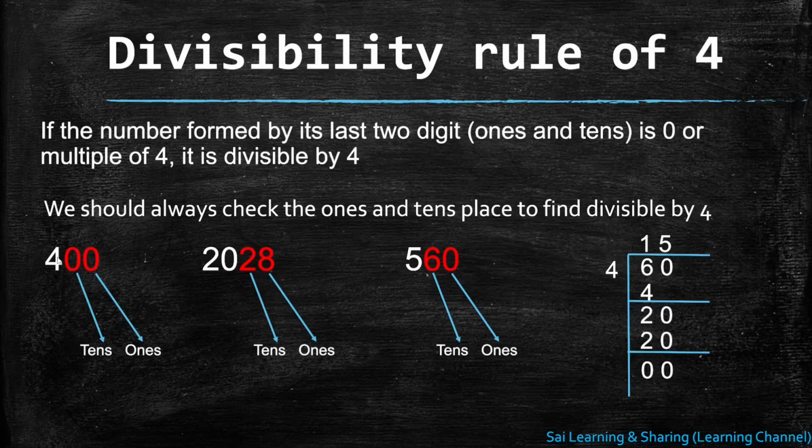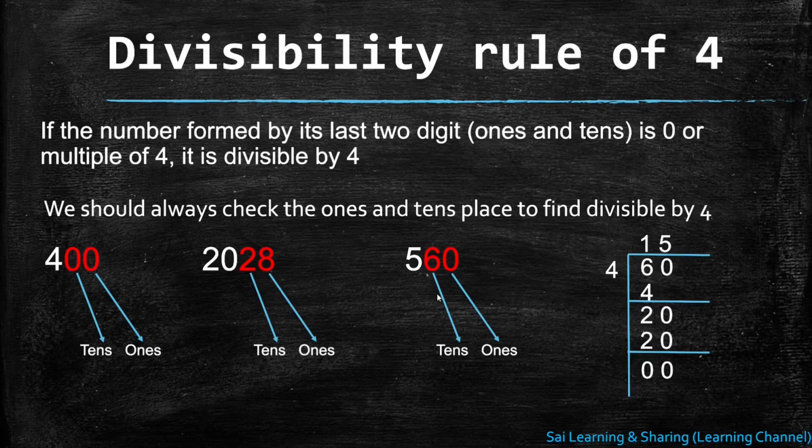First example, 400. In the ones and the tens place, it is written 0. So 400 is divisible by 4. Next, 2028. As you see here, the highlighted part is a multiple of 4. So 2028 is divisible by 4.